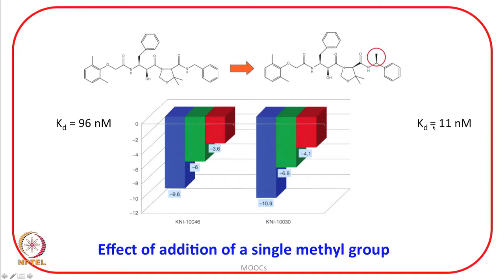The lower the value of Kd, the higher is the binding affinity. That means the substitution or addition of a methyl group has increased the affinity by almost a factor of 9. Kd has gone down by a factor of 9, meaning Ka has gone up approximately by a factor of 9.